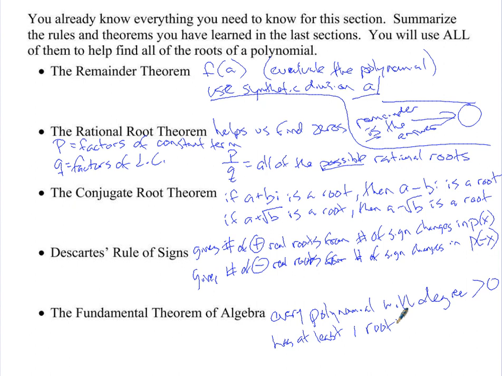Also, the other part of the fundamental theorem of algebra is the degree of the polynomial is equal to the number of roots of the polynomial. So two parts to the fundamental theorem of algebra. These are all the theorems that we've learned so far. This one came from section 4, section 5, section 5, section 5, section 6.